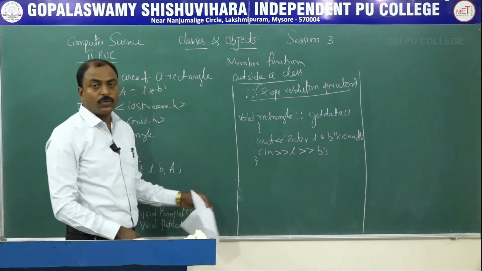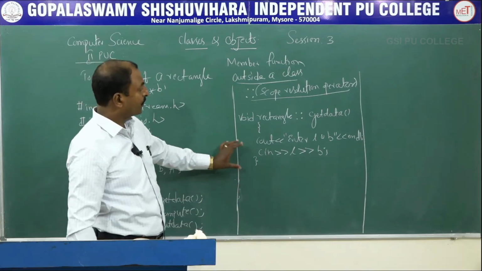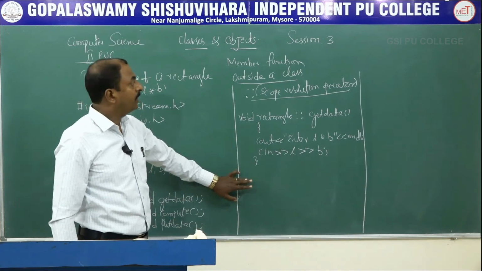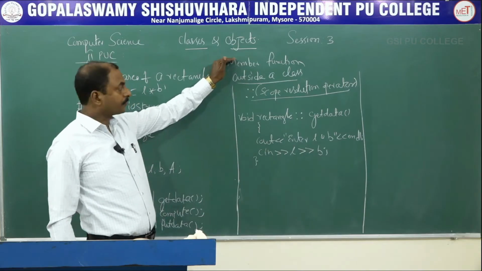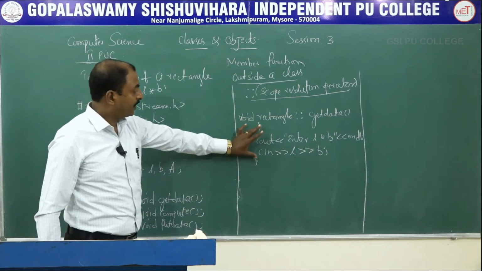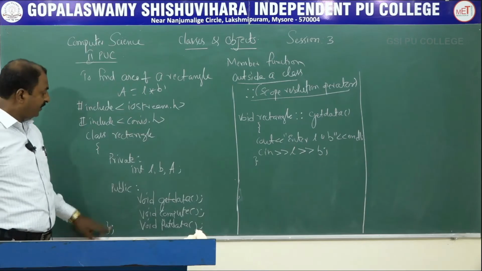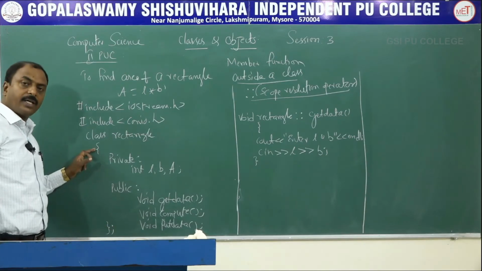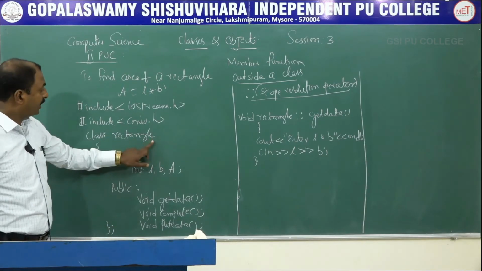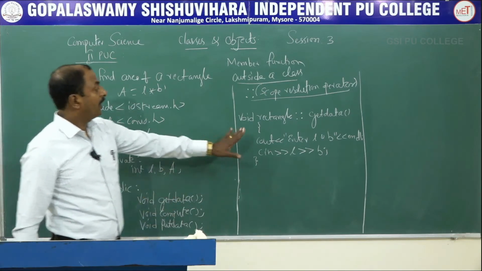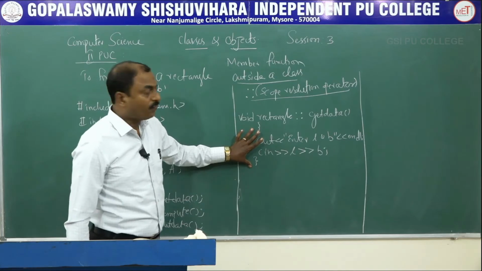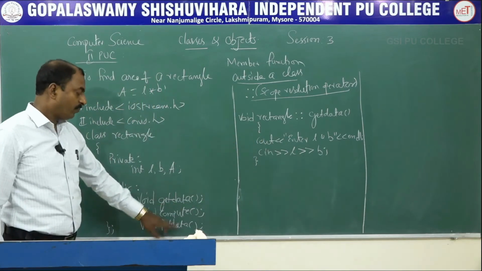And if you notice here, the only difference between outside member function and inside member function is that the function definition will be outside the class. See, we opened the class here, and this class rectangle is closed at this stage. After this, we are writing the function definition for the respective functions.